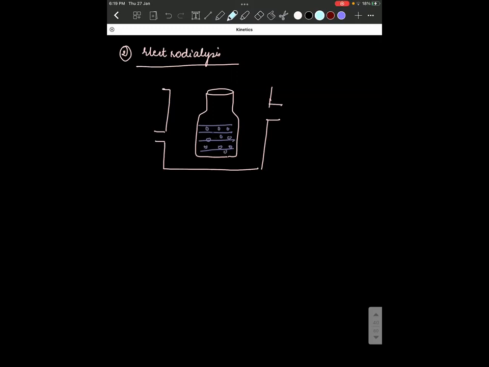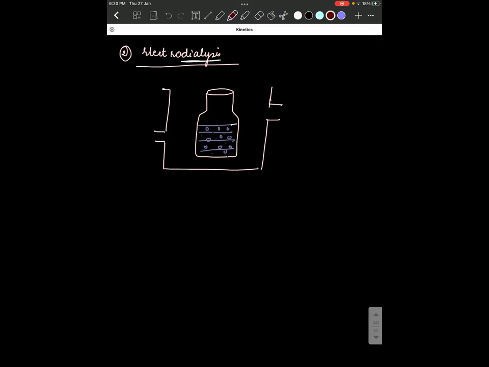We are taking the same setup because the core method is the same. It is dialysis, but here we will be applying electricity so that the rate of separation of colloidal particles and the true solution particles is increased.